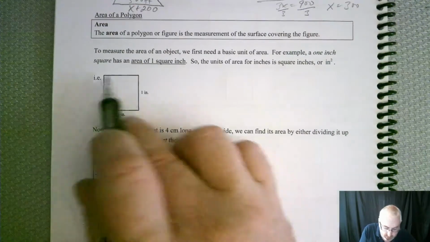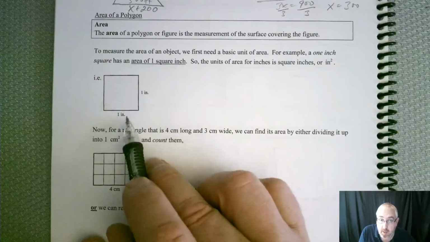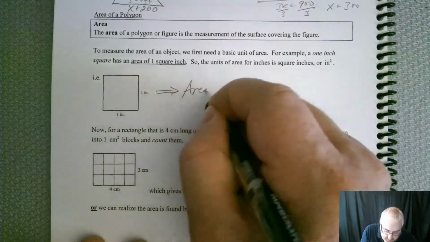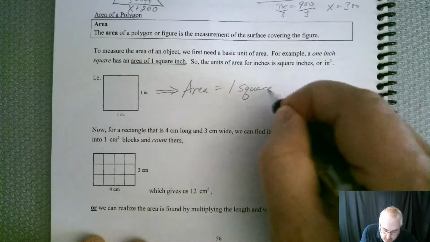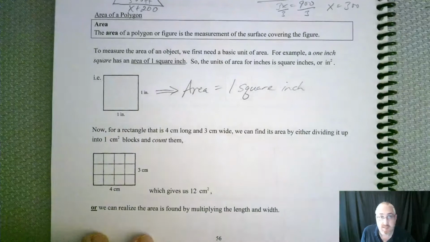So here we have an inch by an inch square. So by definition, we can say that the area is equal to 1 square inch.